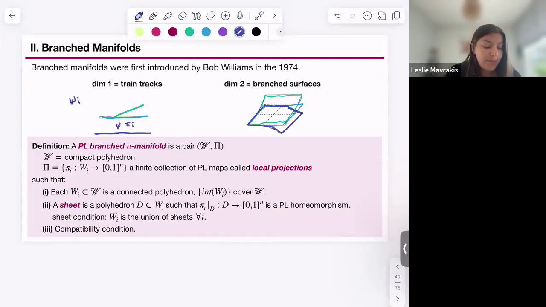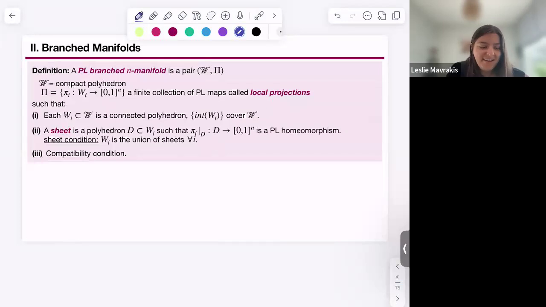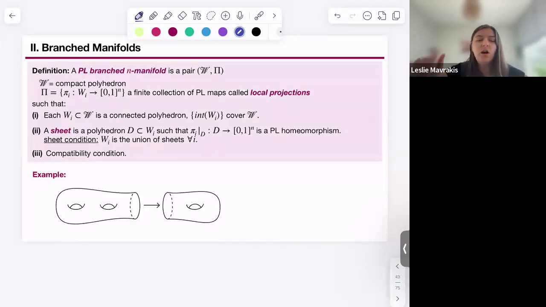Okay, so that is a branched manifold, and now I want to give you an example of a branched manifold. So as an example, if I take 2 compact surfaces, say the genus 2 surface with a boundary component and the genus 1 surface with a boundary component, and if I glue them using a homeomorphism, of course, I get the genus 3 surface like normal.